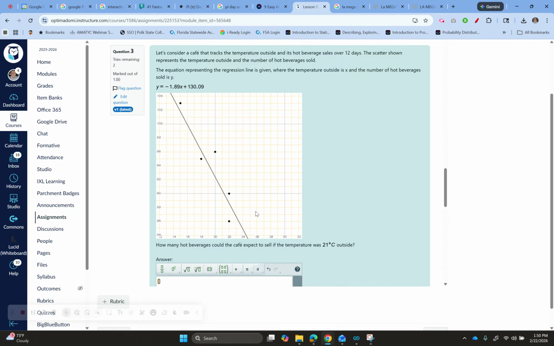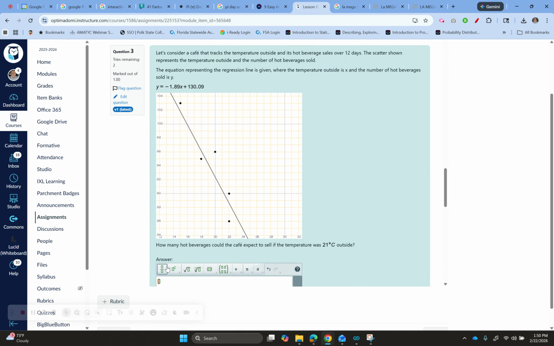Okay, so here we have a scatter plot. This is the story of a cafe that tracks the temperature outside and the sales of hot beverages like coffee and hot chocolate for 12 days.